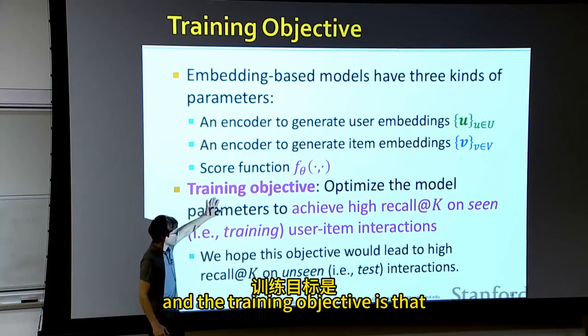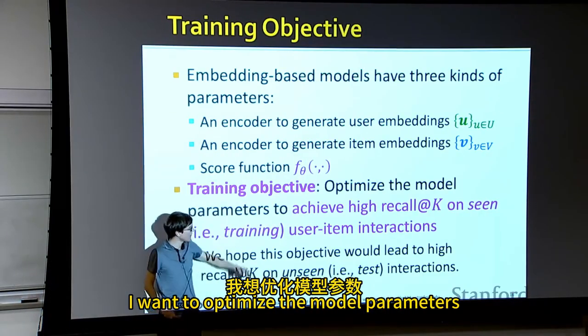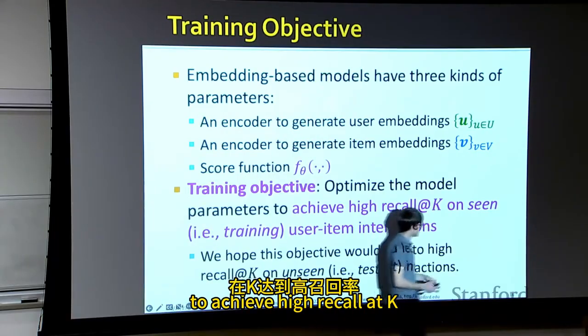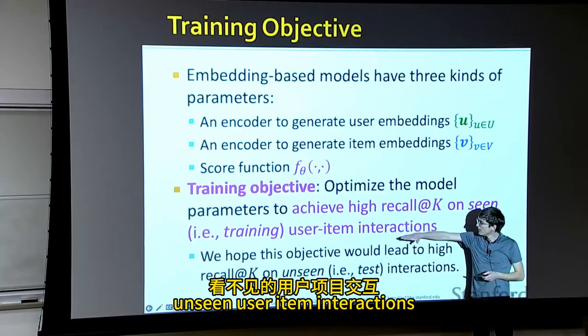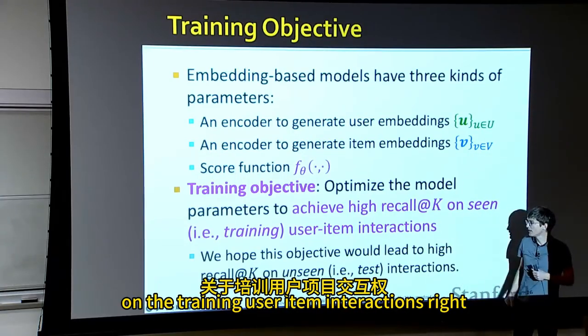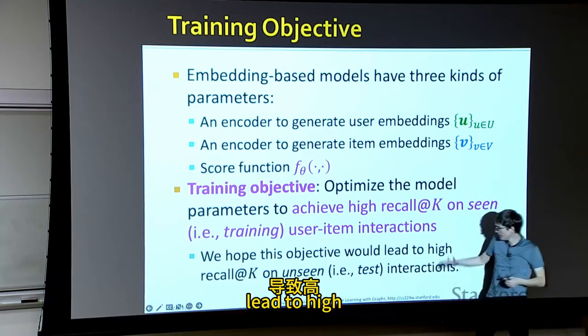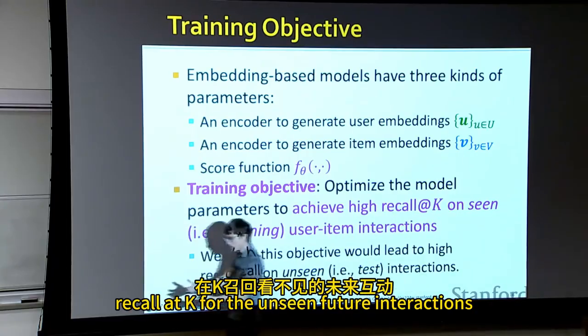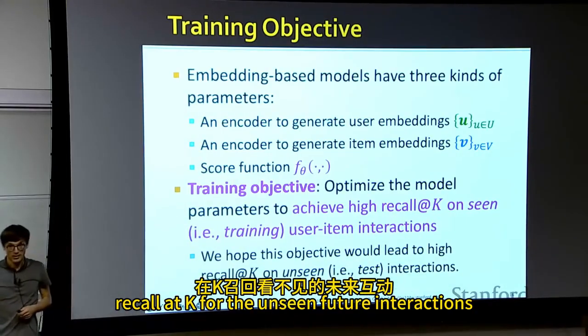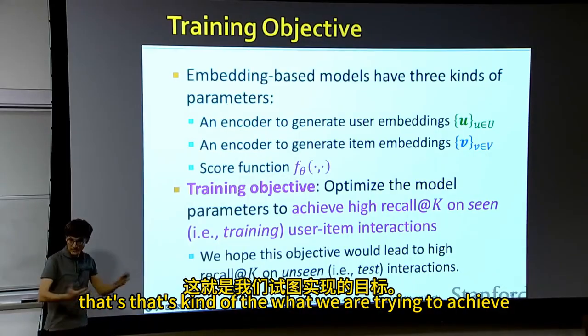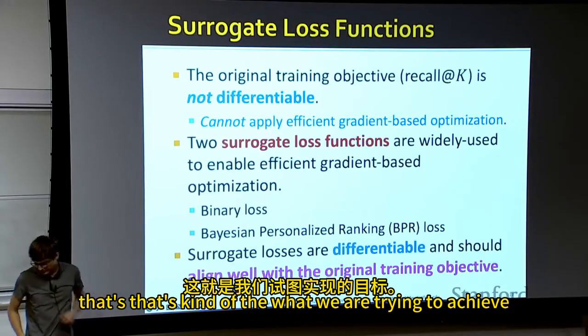And the training objective is that I want to optimize the model parameters to achieve high recall at k on the training user-item interactions, right? And the hope is that this objective would also lead to high recall at k for the unseen future interactions. That's what we are trying to achieve.